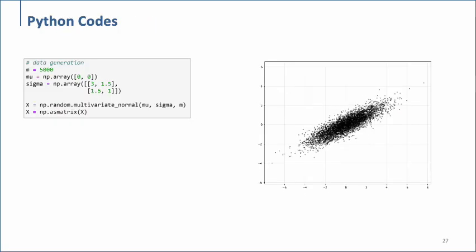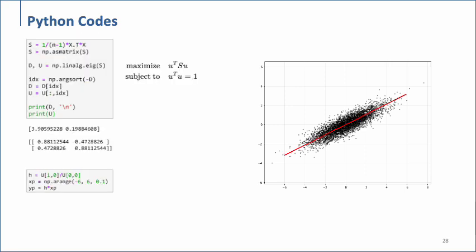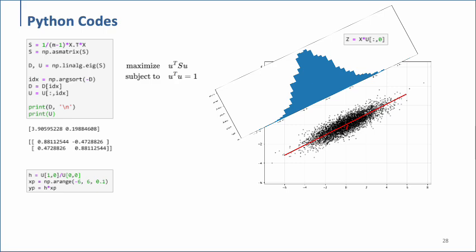So finally, let's implement this PCA algorithm in Python code. For that, let's first generate some random data that has a distribution like this. As you can see here, the data has zero mean, and when you see the distribution along this axis, it has maximum variance.